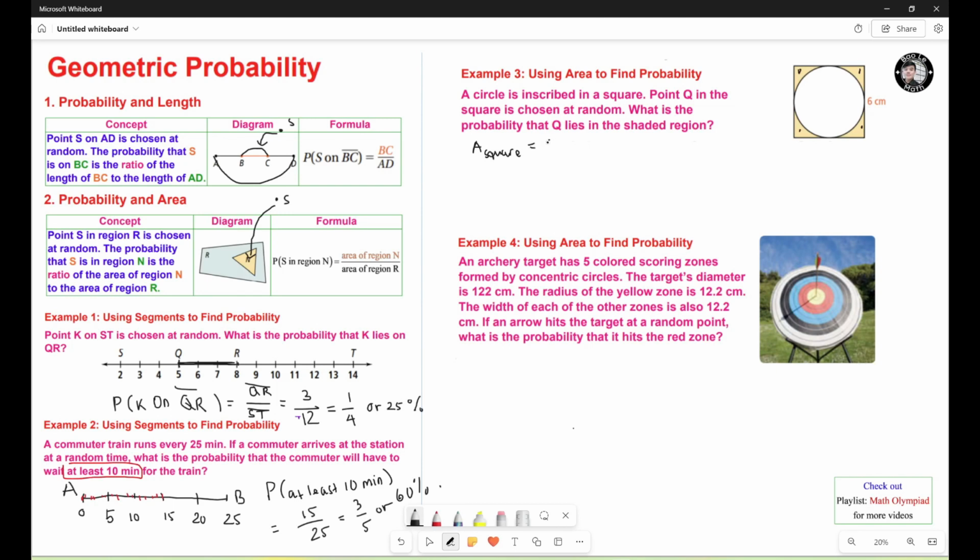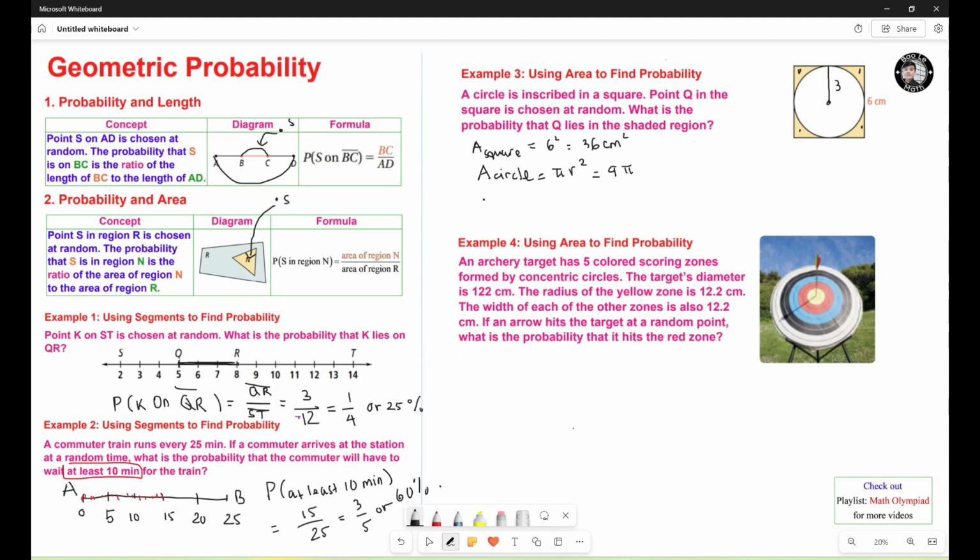It's going to be equal to 6 squared, which is 36. Now, the area of the circle: because this side is 6, the center should be right here and the radius must be equal to 3. So the area of the circle equals pi r squared. With r equal to 3, it's going to be 9 pi.